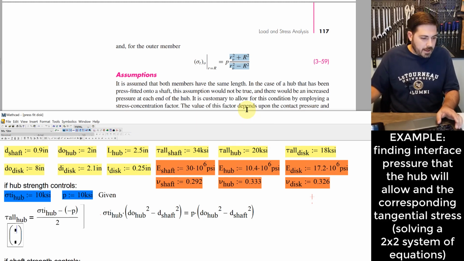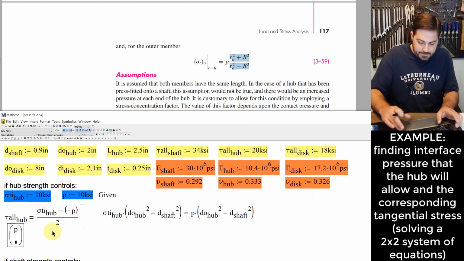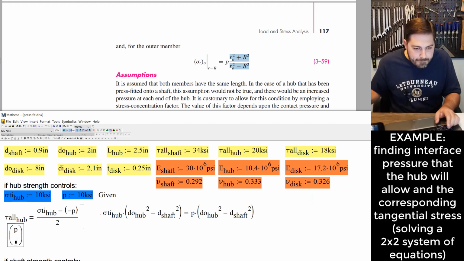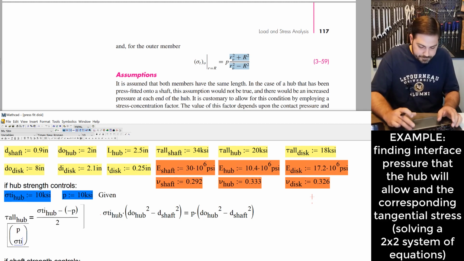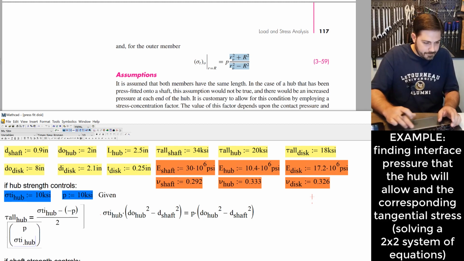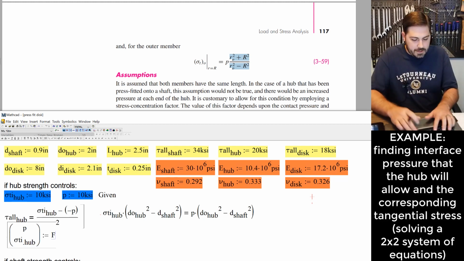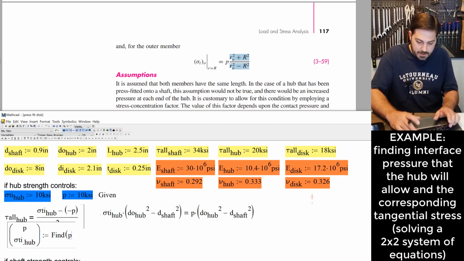Okay, and the two things that I'm trying to find there are P as well as sigma, which I'll get with this method, ti hub. All right, and I'll do Find P, comma, oops, sigma ti hub.